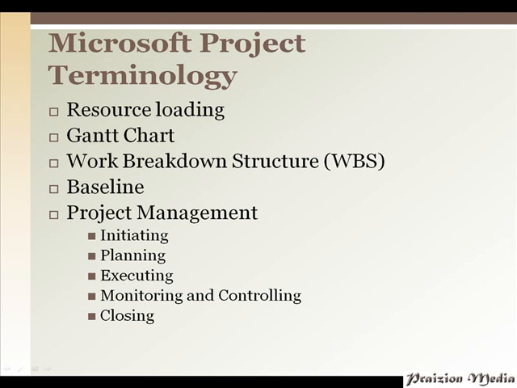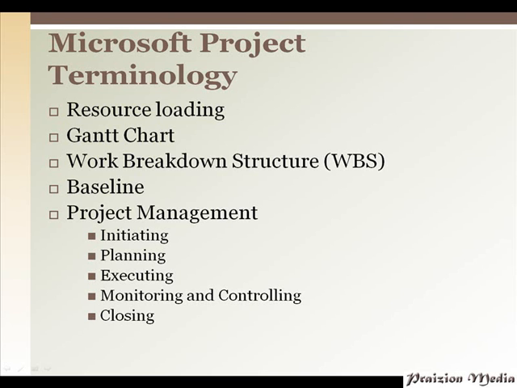Project management can be divided into 5 different process groups, and these groups are initiating, planning, executing, monitoring and controlling, and closing. All these process groups indicate different times or different phases in the whole project.